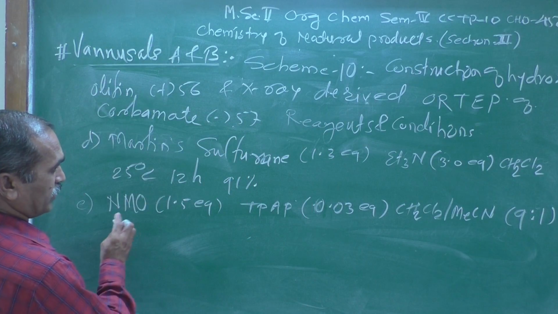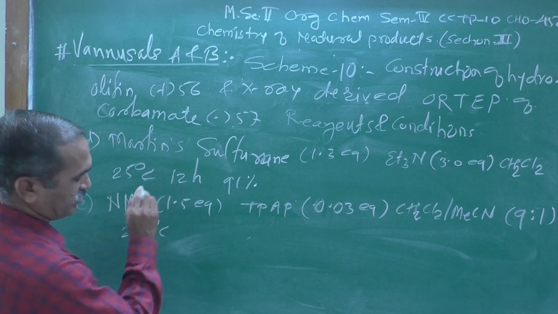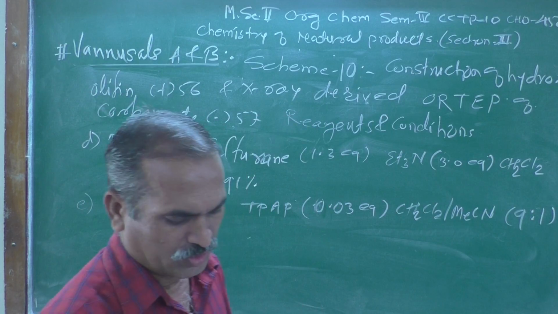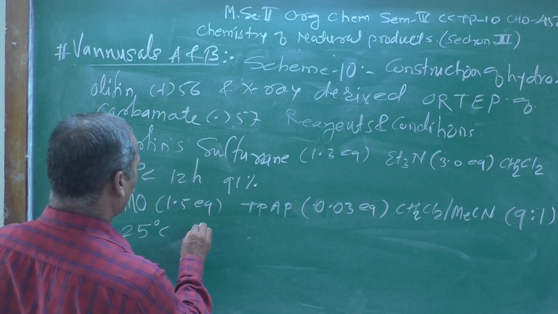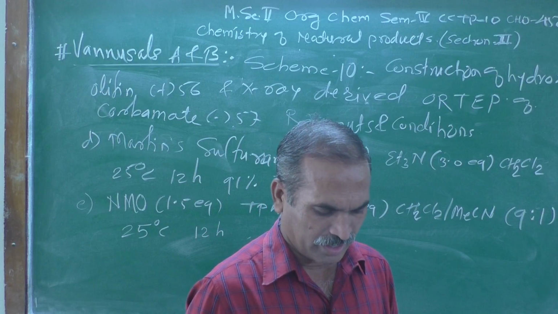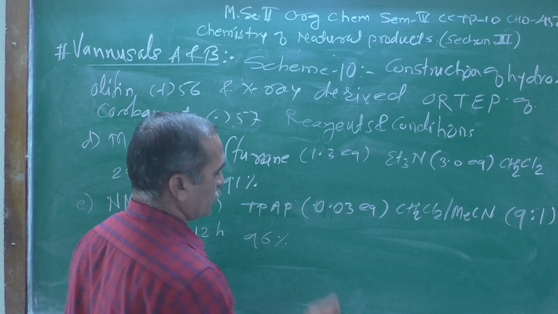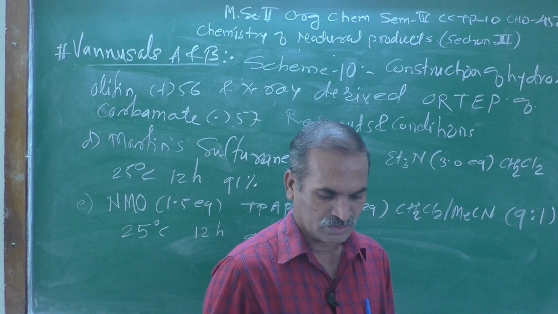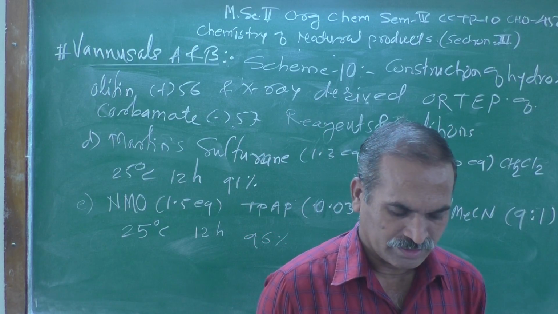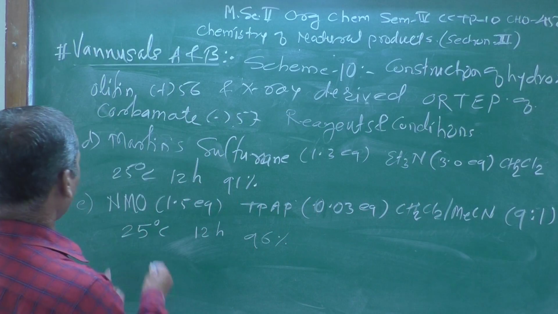The temperature of the reaction mixture was kept at 25 degrees centigrade, and the reaction mixture was stirred for 4 hours, and a 96% overall yield was obtained for this transformation.